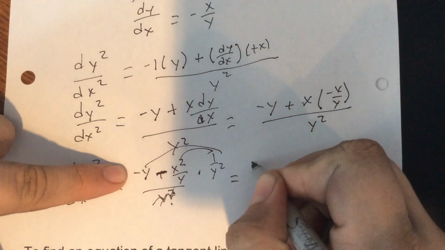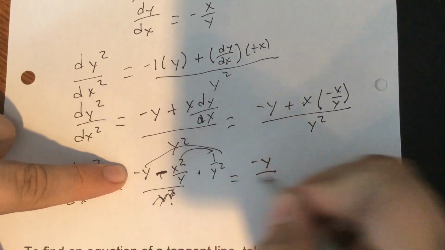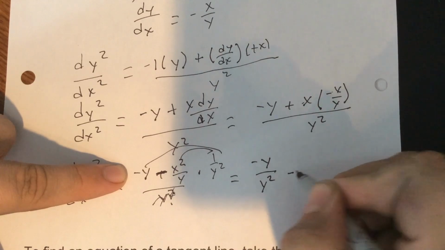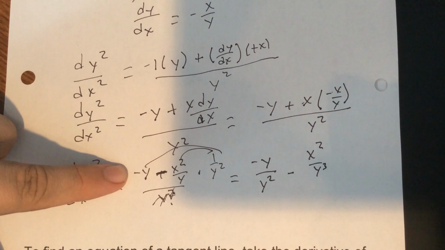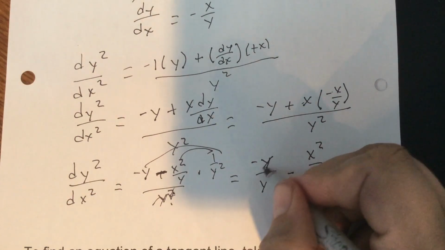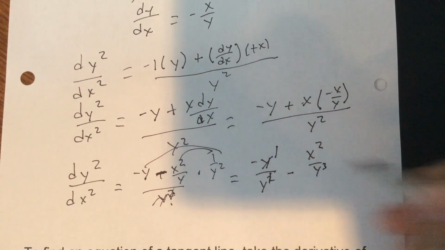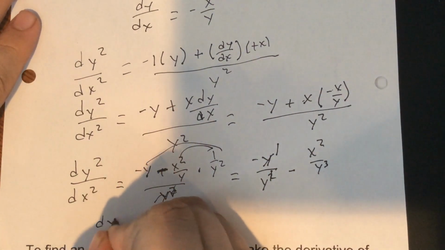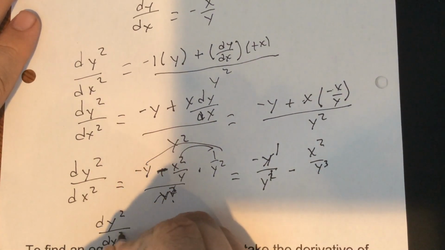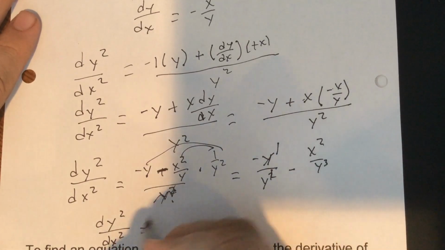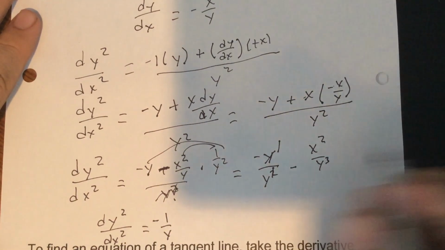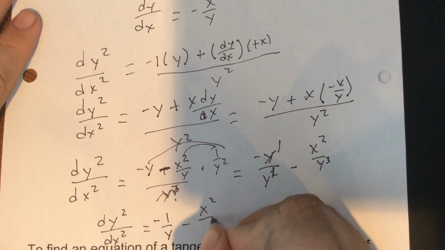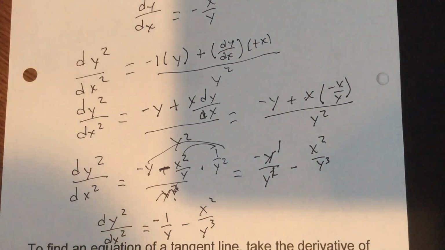So our front, we would have a negative y over y squared minus x squared over y cubed, which this here could reduce to a 1 and get rid of that. And so our final is d squared y over dx squared equals negative 1 over y minus x squared over y to the third. And I believe we're going to leave it at that.